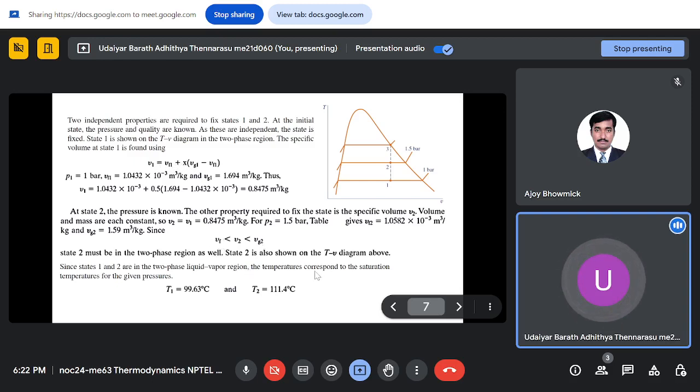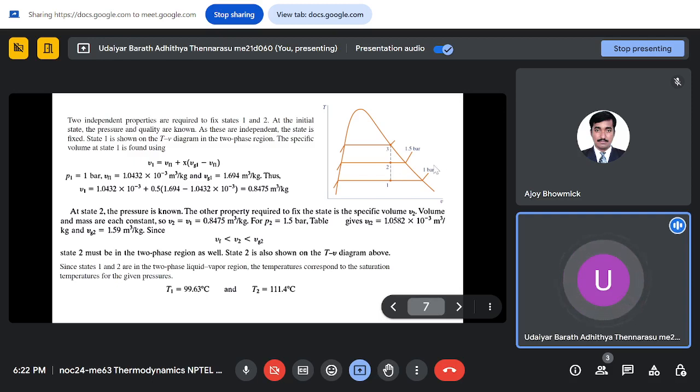The temperature will correspond to the saturation temperature of the fluid, which is water. So from steam table, the saturated temperature corresponding to 1 bar and 1.5 bar we can find out. So T1 is 99.63 degrees Celsius. So you know water boils at 100 degrees Celsius for 1 atmosphere.